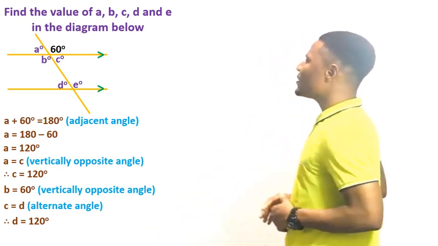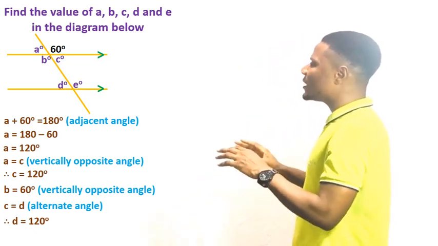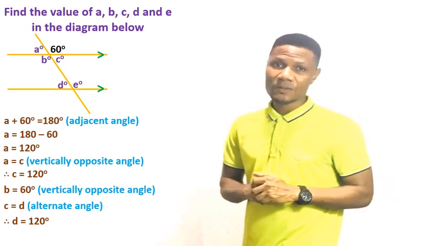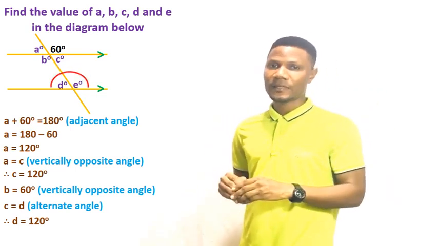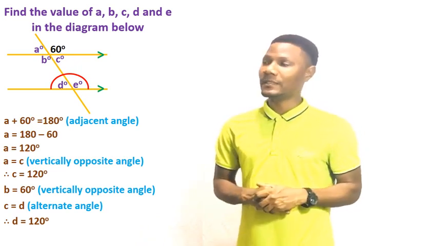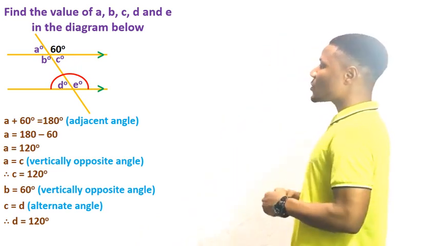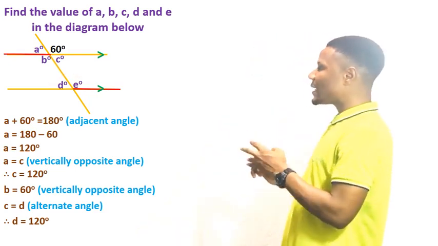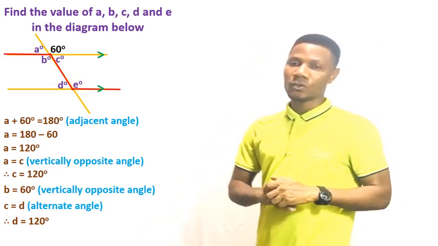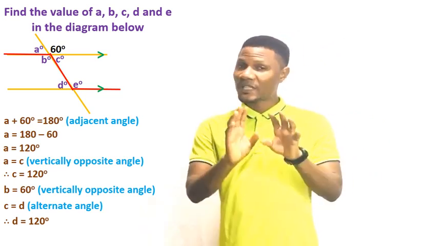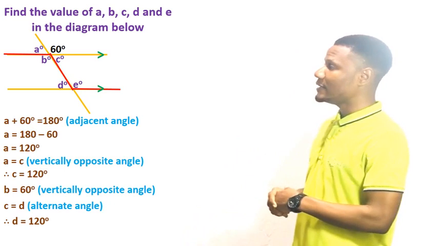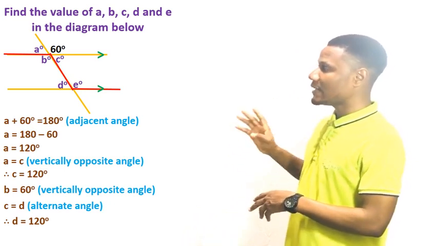Now, the remaining thing we're looking for here is the value of our E. We can have a relationship between D and E to get the value of our E. And also, we can have another alternate angle relationship between B and E. Whichever way you are doing it, you will realize that the value of our E is 60 degrees.